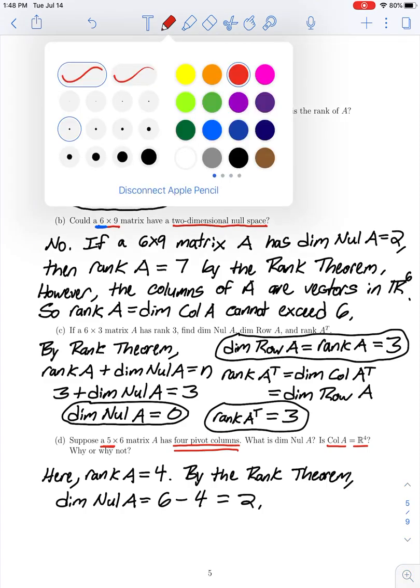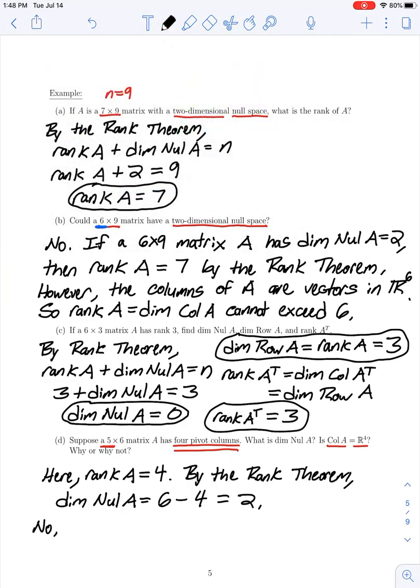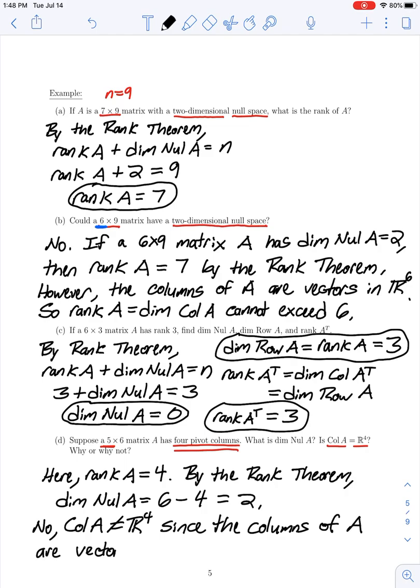They have dimension 5. So we can say, no, the column space of A is not equal to R4 since the columns of our matrix A are vectors in R5. All right. So this example illustrating some nice applications of the rank nullity theorem.